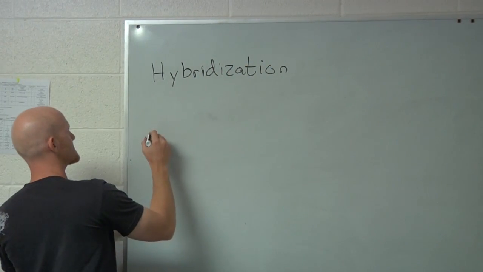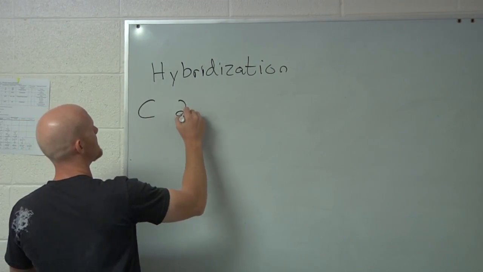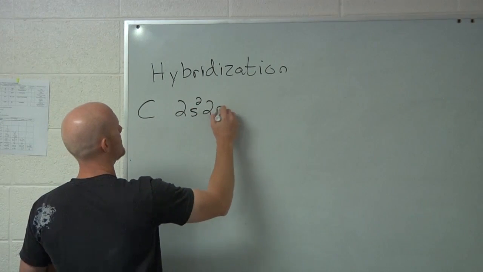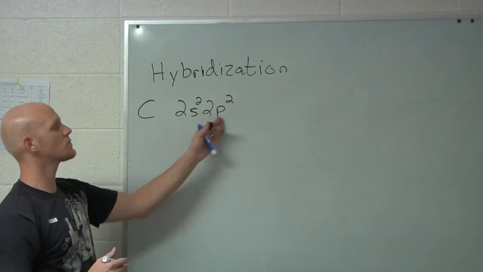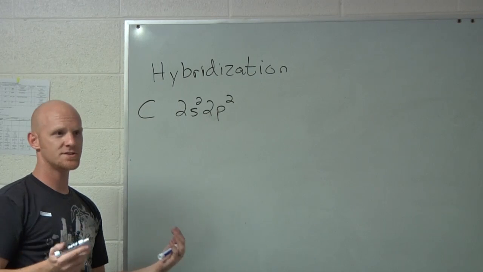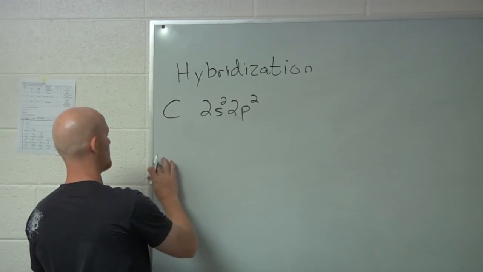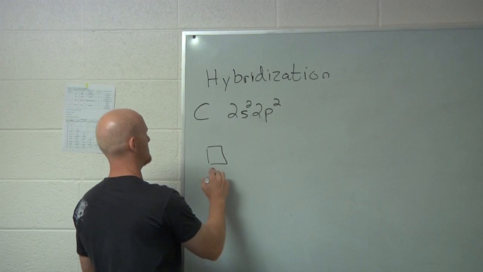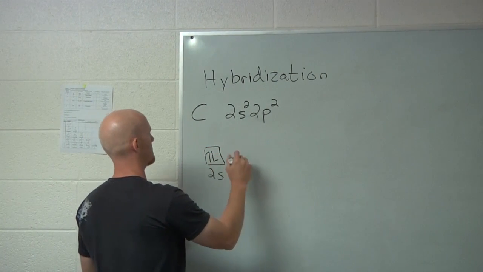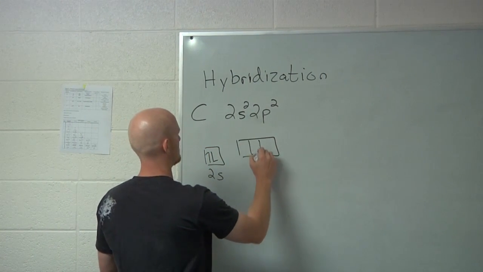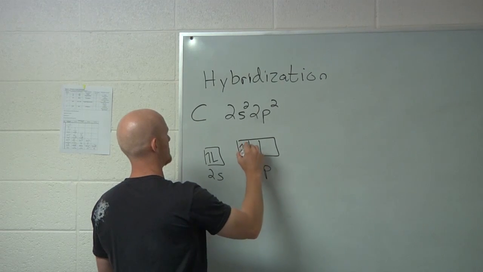So here's the way this works. If you look at carbon, carbon's valence electrons are 2s2, 2p2. These are the electrons we show in the Lewis dot structures, the ones that are going to be used in the bonding. And so if we look here, carbon 2s and 2p.